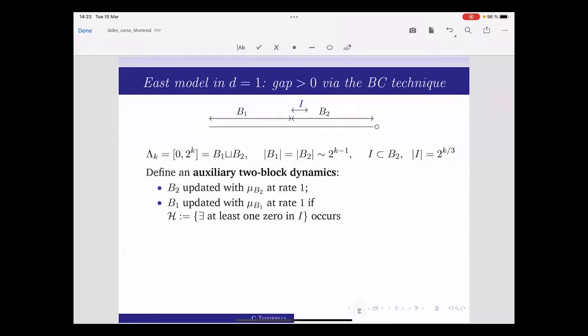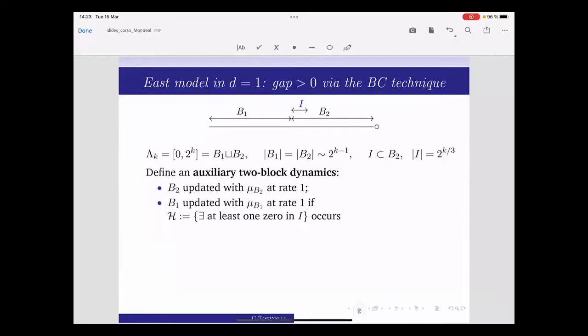So now that I have divided my volume in these two blocks, in order to study the upper bound on the variance on scale lambda k, I define an auxiliary block dynamics, which is a very easy dynamics that goes as follows. I have just two exponential clocks of mean time one, one clock on the block on the left and one clock on the block on the right, so one on B1 and the other on B2.